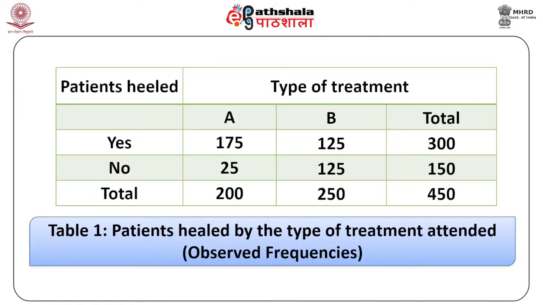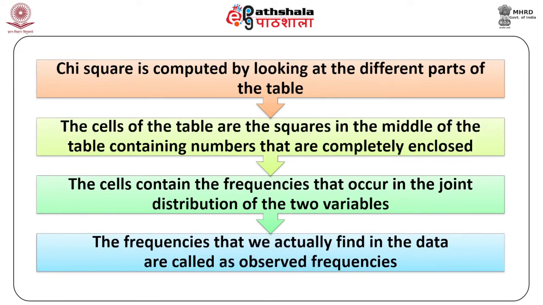To compute chi-square, a table showing the joint distribution of the two variables is needed. We have the table of patients healed by the type of treatment attended, that is the observed frequencies. As we can see in the table, we have patients healed and the type of treatment. Chi-square is computed by looking at the different parts of the table.